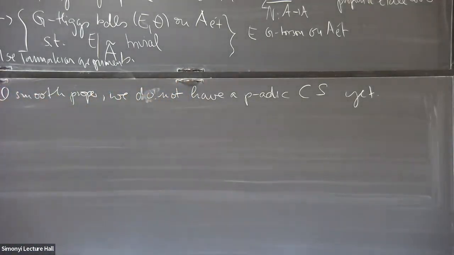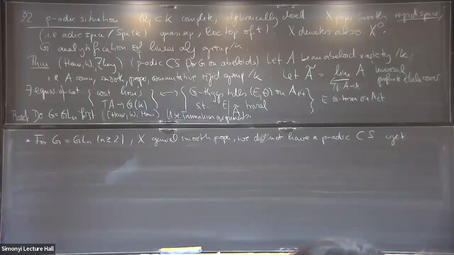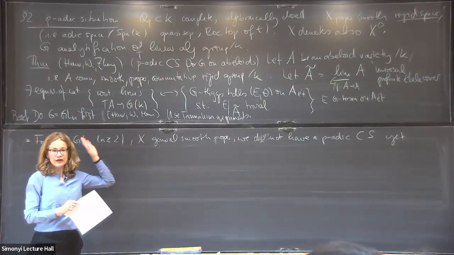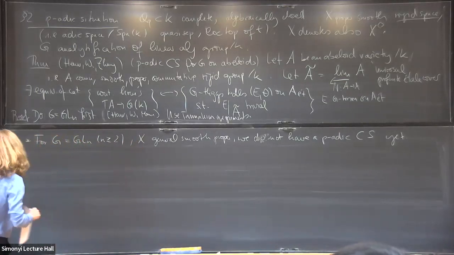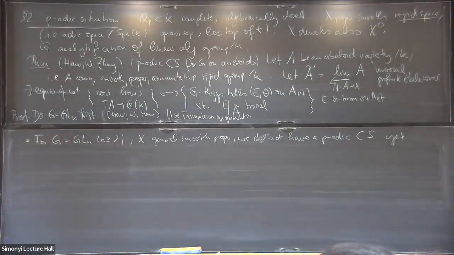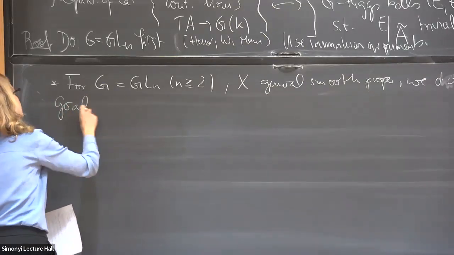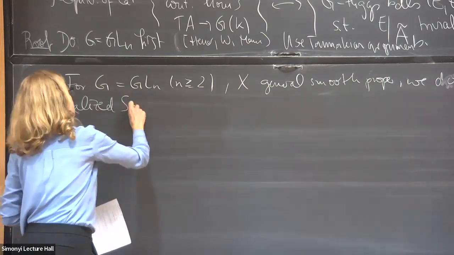However, funnily, in the p-adic world, there exists in this general situation a correspondence which is more general than the classical one, which sometimes is called the generalized Simpson correspondence.